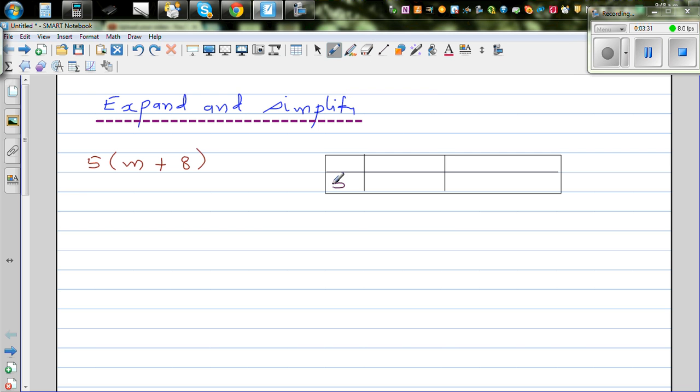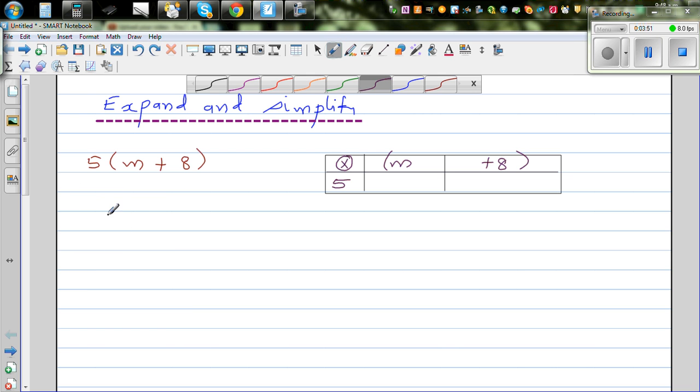So this is 5 times m plus 8, in the bracket. This is a 5 which is sitting outside. So you're asking the question, what is 5 times m?